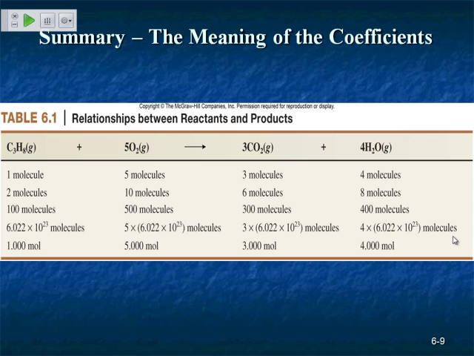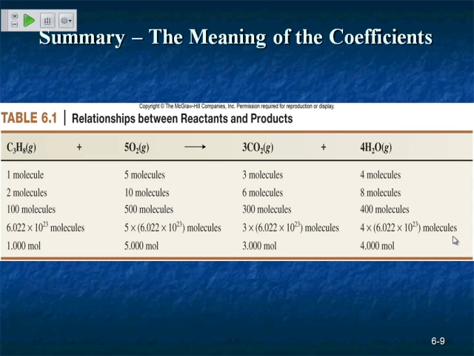Now let's say instead of doubling, I'm making it 100 times. Instead of 1 molecule, I start with 100 molecules of C3H8. So you are looking at the relationship here. Instead of 1, it is 100. That means everything else also will get multiplied by 100. So you got the point. Now let's say instead of 100, I'm starting with 6.022 times 10 to the power 23 molecules.